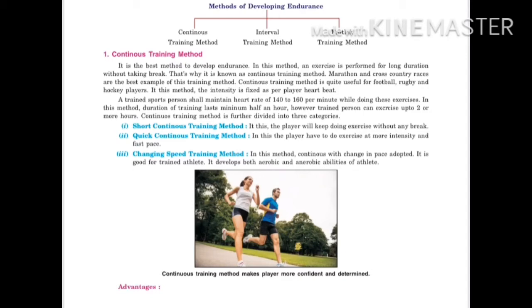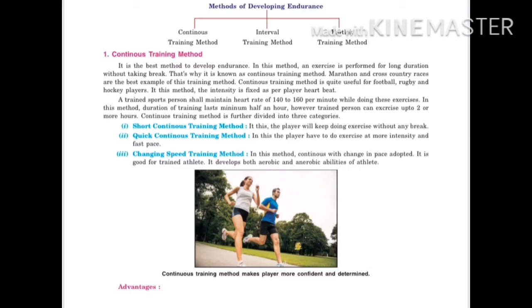Marathon and cross-country races are the best examples of this training method. The continuous training method is quick and useful for football, rugby and hockey players. In this method, the intensity is fixed as per the player's heartbeat. So the continuous training method is further divided into three types.